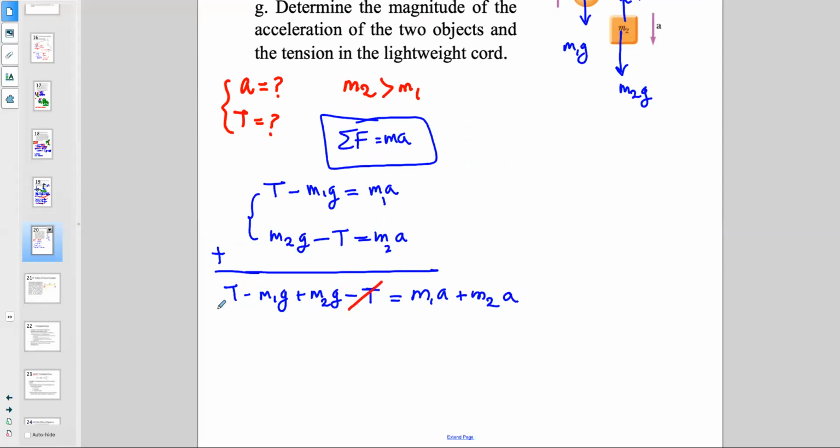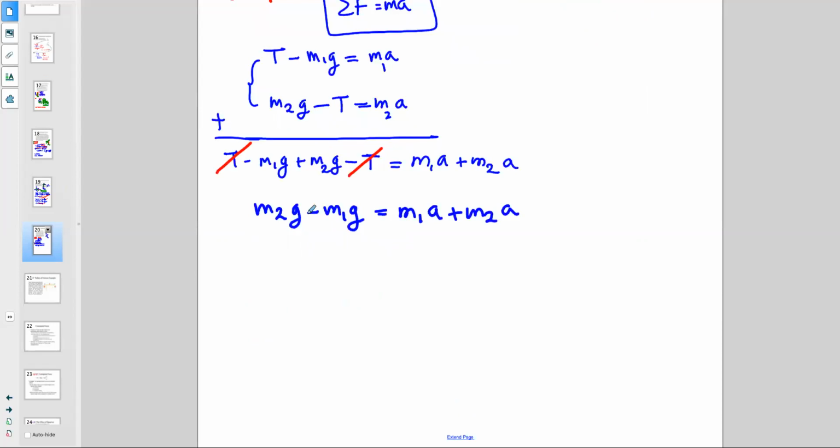They will cancel out. And now you are left with M2G minus M1G equals M1A plus M2A. All right, now go ahead and factor out this G here.